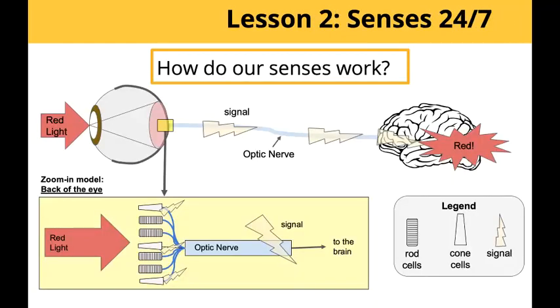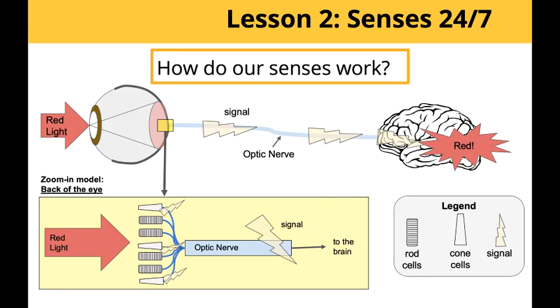Before students can explain why Joe and Becky see differently, students need a common understanding of how our senses work. Throughout this lesson, students learn how humans perceive the environment around them through their senses. During Lesson 2, students develop an initial model of how our senses work. A stimulus, for example light, interacts with specialized sensing cells.